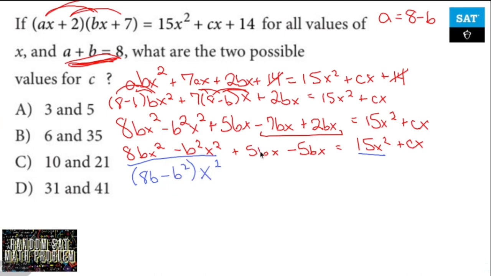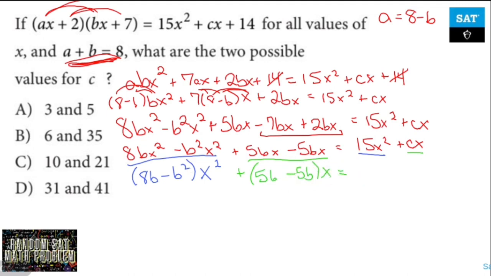Okay? I'm going to do the same thing here and compare it to the x over here. So if I factor out an x and put the x out front, because again, it looks easier on the eyes, that's 56 minus 5b. Make sure your 56 and negative 5b don't look exactly the same.